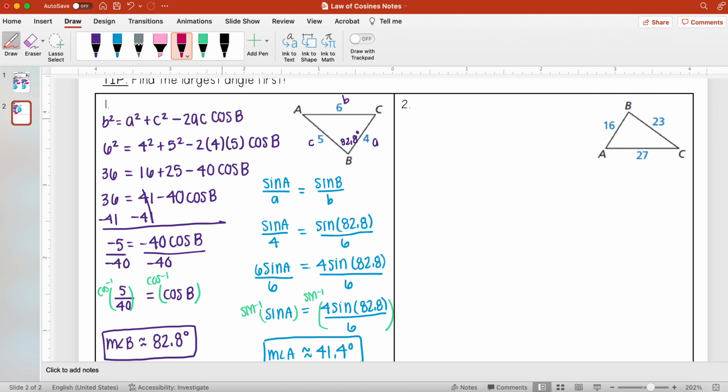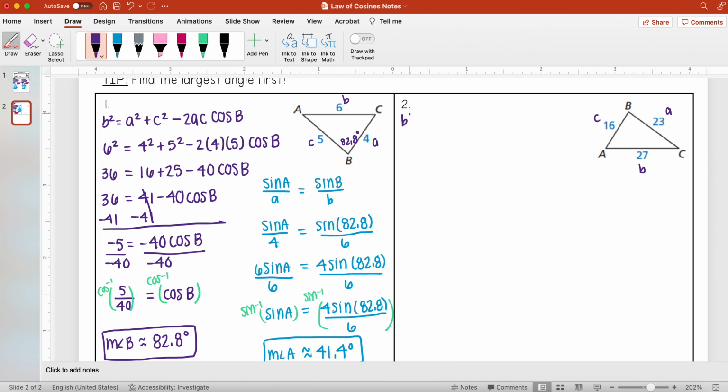Okay, let's try another one. So first step, I'm going to go ahead and label my sides. So side A is across from angle A, side B is across from angle B, side C is across from angle C. I want to find my largest angle first, and that's going to be across my longest side, and that is again angle B, since 27 is the largest side.